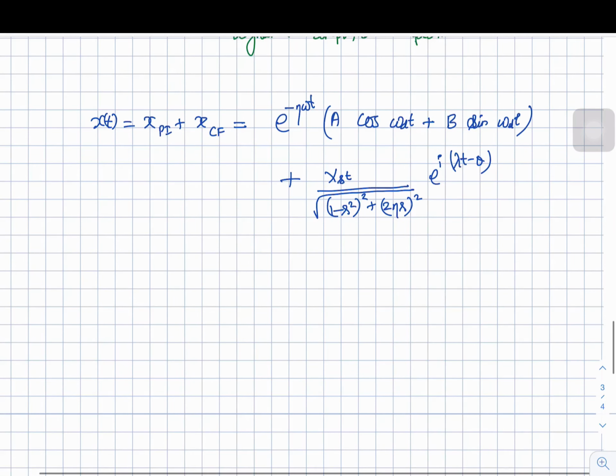So theta you know. So now we need to include the boundary condition.